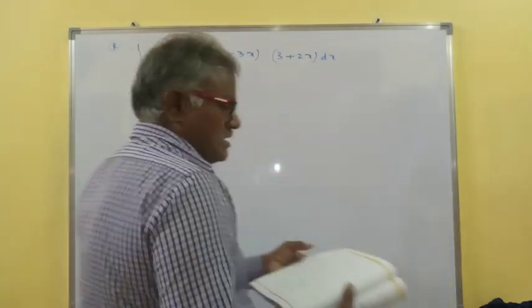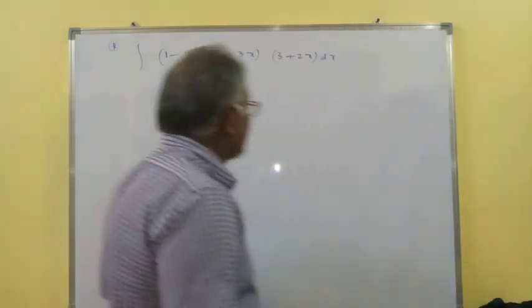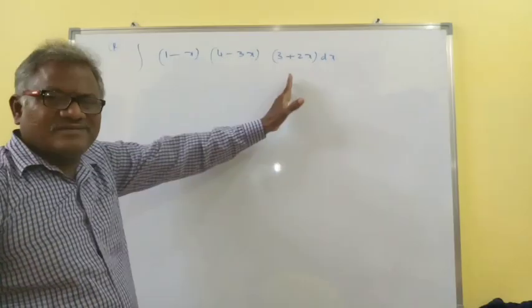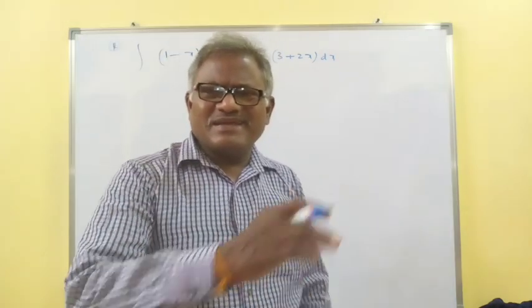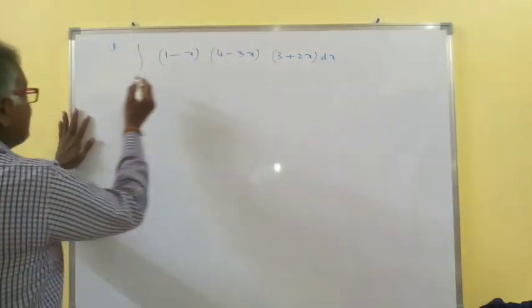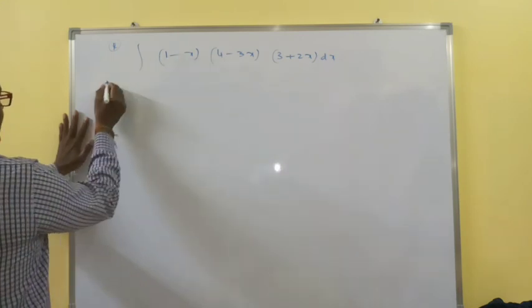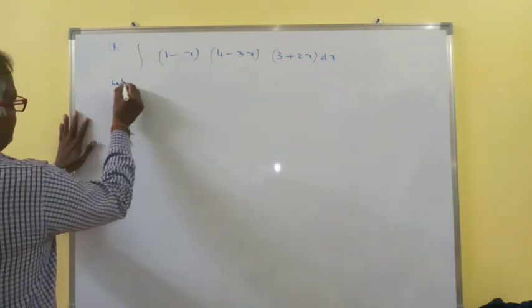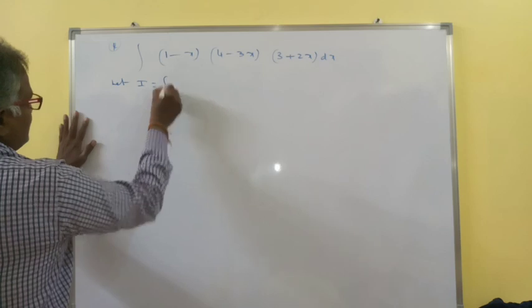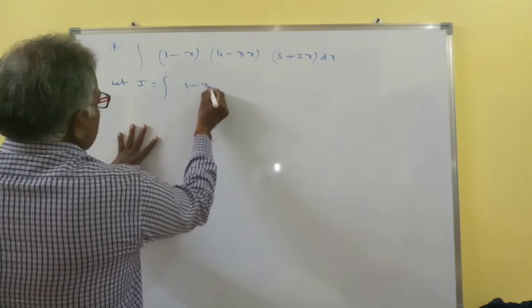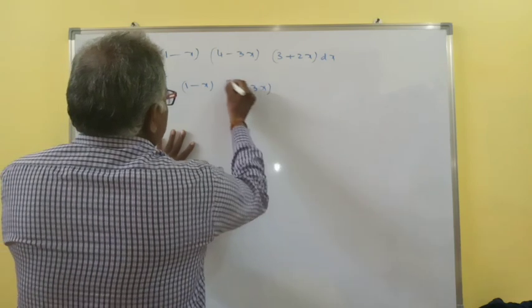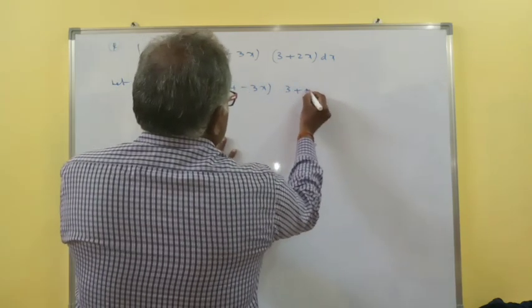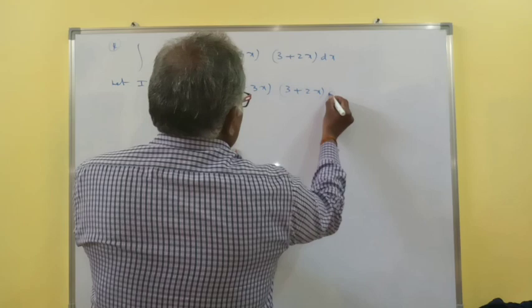Okay. Simply, you just have to multiply all these 3 terms, and evaluate easily. So here let I is equal to integral of 1 minus x into 4 minus 3x into 3 plus 2x. Okay, 3 plus 2x.